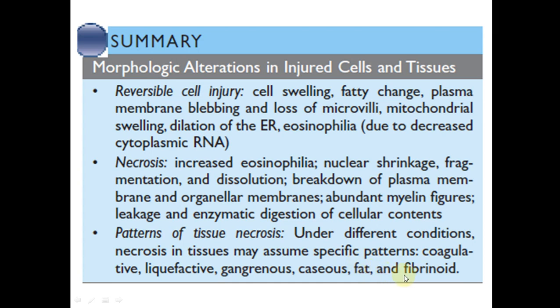And fibrinoid necrosis, which is a type of necrosis that can be seen only under the microscope and cannot be identified on gross or naked eye appearance, is the result of immunologically mediated diseases like polyarteritis nodosa, in which the antigen antibody complexes or immune complexes bind to the fibrin and give us a fibrinoid appearance. Thank you very much.